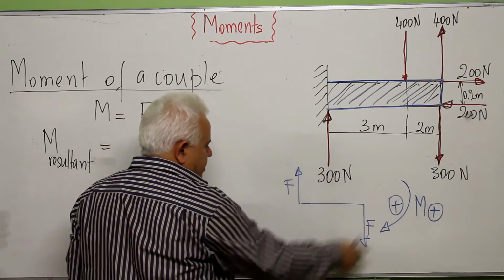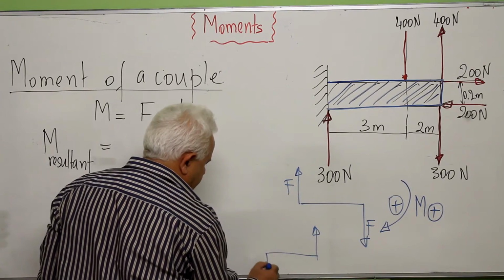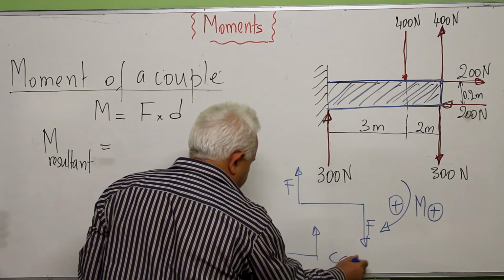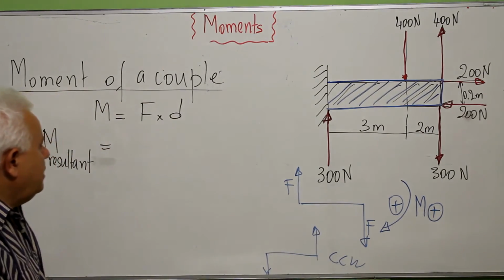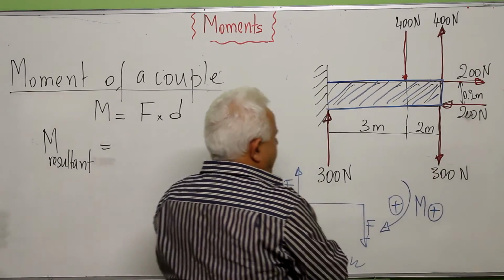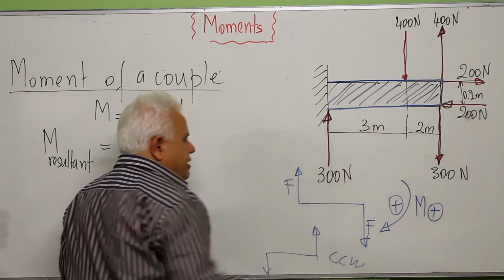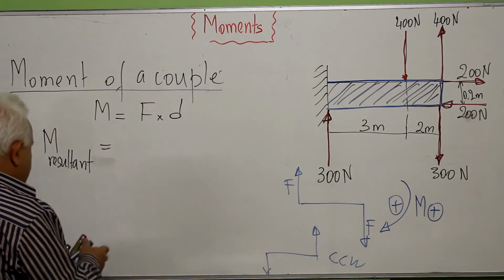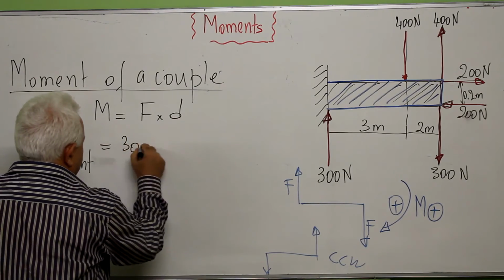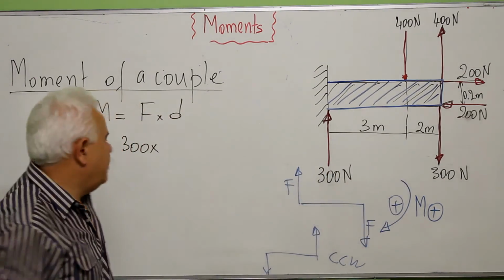This is clockwise. In this configuration, if I have this, it means I am anti-clockwise, counterclockwise. So I start with the 300. 300 is, according to this configuration, positive, and its moment will be the force, which is 300, times the distance that separates the two forces, which is 5.